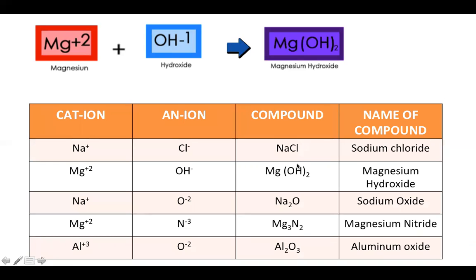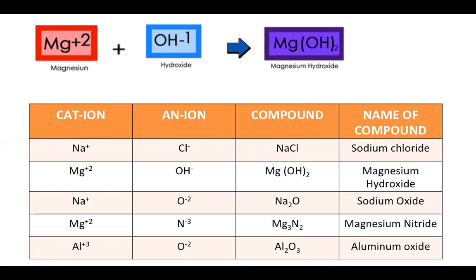Like for example, this hydroxide, magnesium has positive 2. So the charge received from hydroxide is 2, which becomes your number of atoms. So you have OH, only 1. So don't put magnesium 1, instead magnesium is understood to have 1 atom. But since hydroxide received 2 charge, which becomes 2 atoms of hydroxide, you have to put it in an open parenthesis, then put the subscript 2.